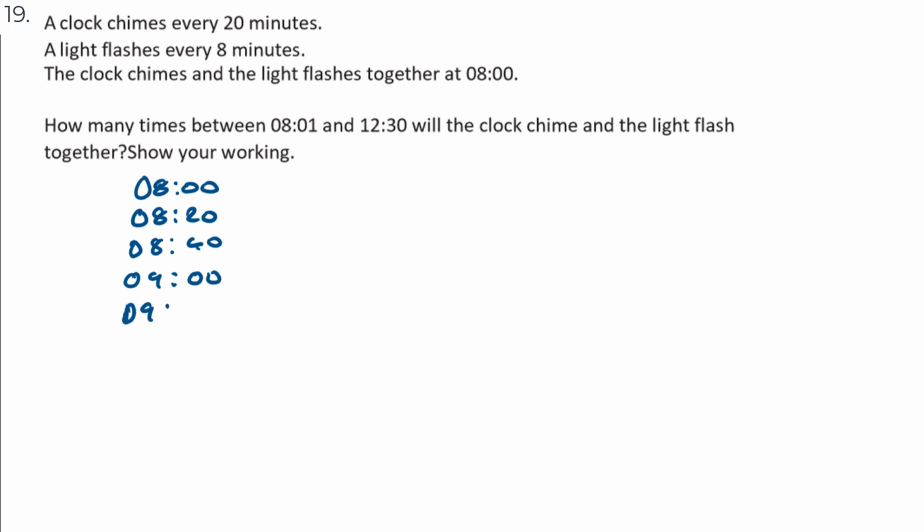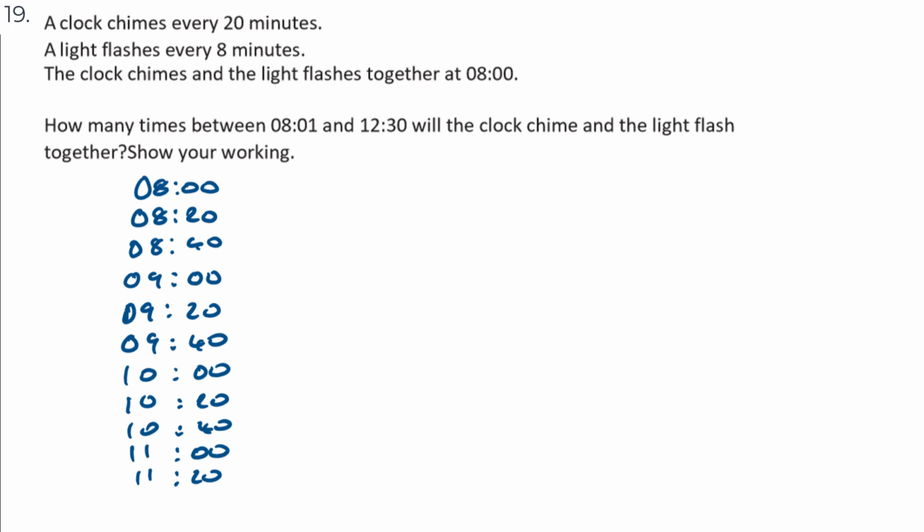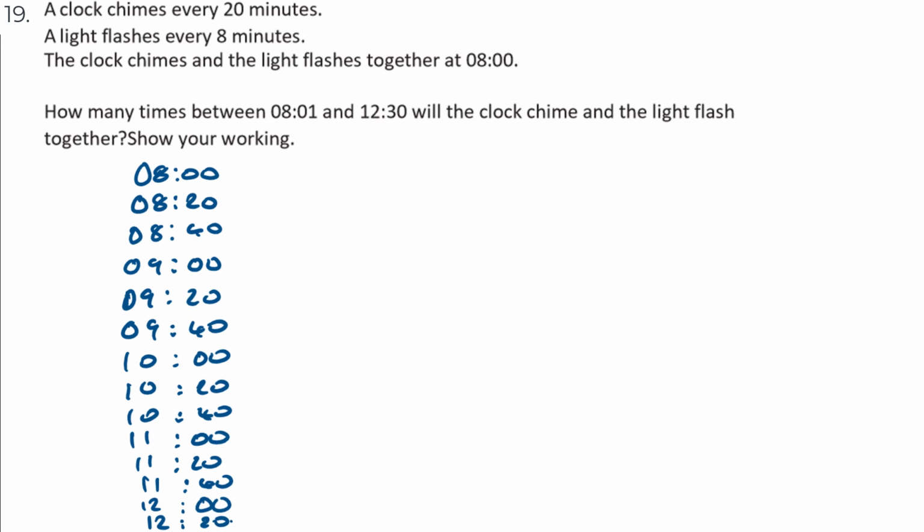So then 9, 9:20, 9:40, 10, 10:20, 10:40, 11, 11:20, 11:40, 12, I run out of space, and then it's 12:20 as well, isn't it? 12:20. Obviously this one at the top doesn't count because it's 8:00, so that one is too early. So how many times does it chime? 1, 2, 3, 4, 5, 6, 7, 8, 9, 10, 11, 12, 13.